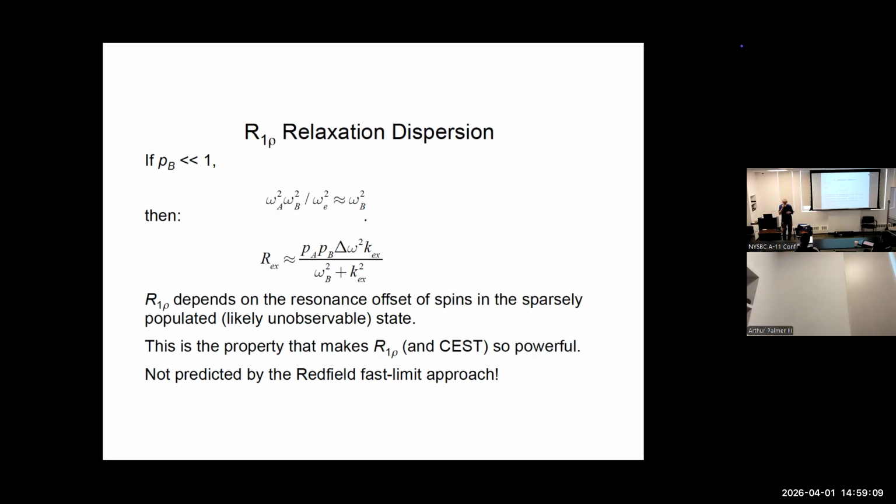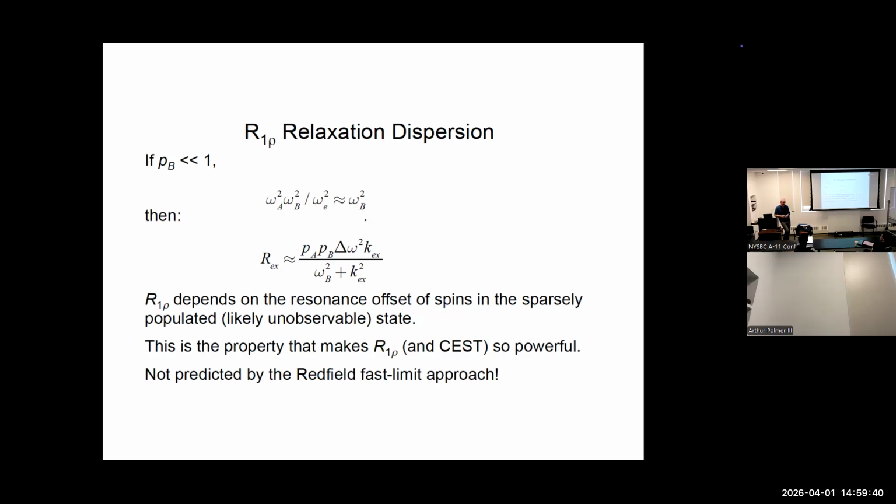And in CES, harking back to Forsén and Hoffman's original paper, you tend to think of the CES experiment as a saturation transfer experiment. So you irradiate at the frequency of the B state, that saturates the B state, and exchange transfers some of that saturation to the A state.